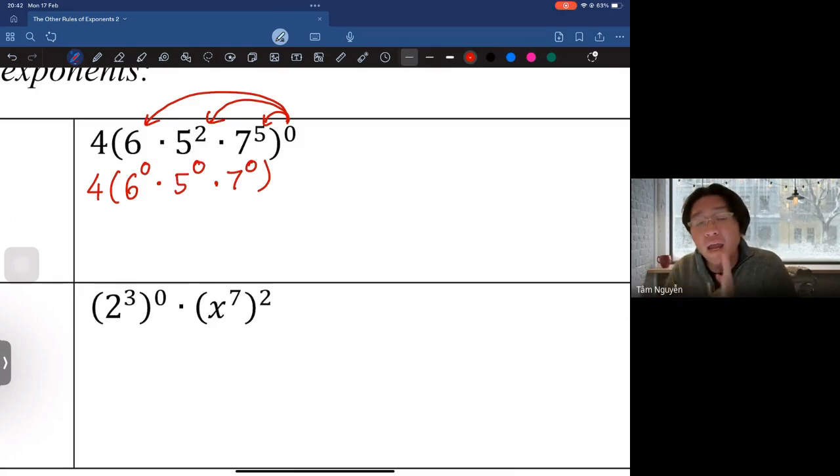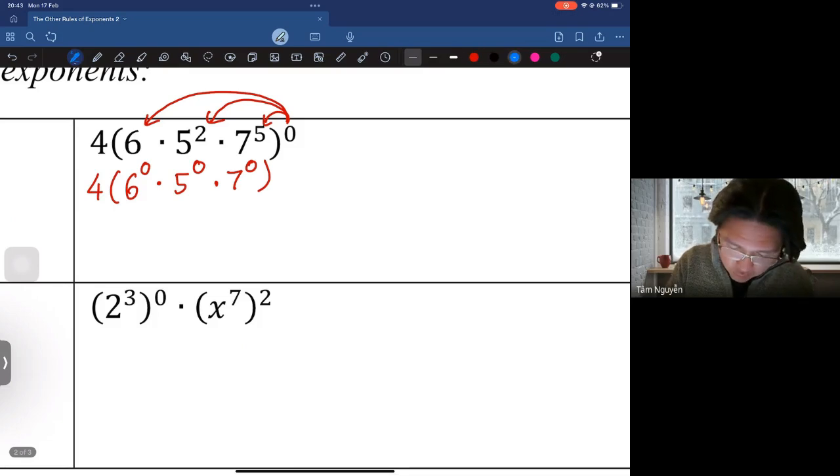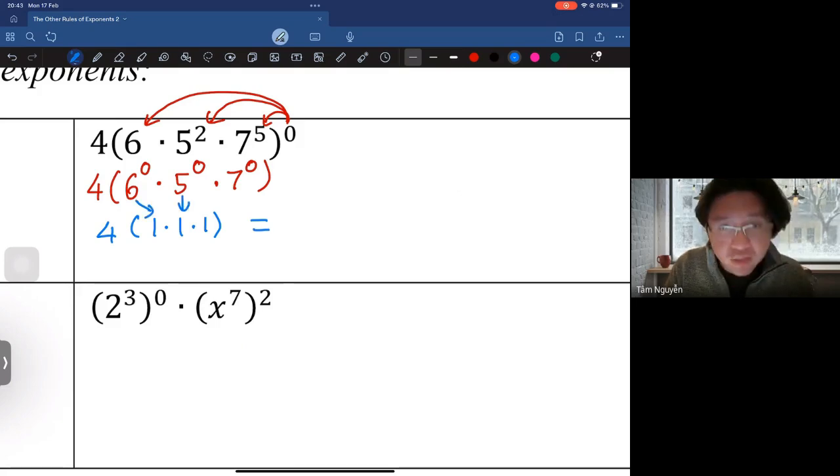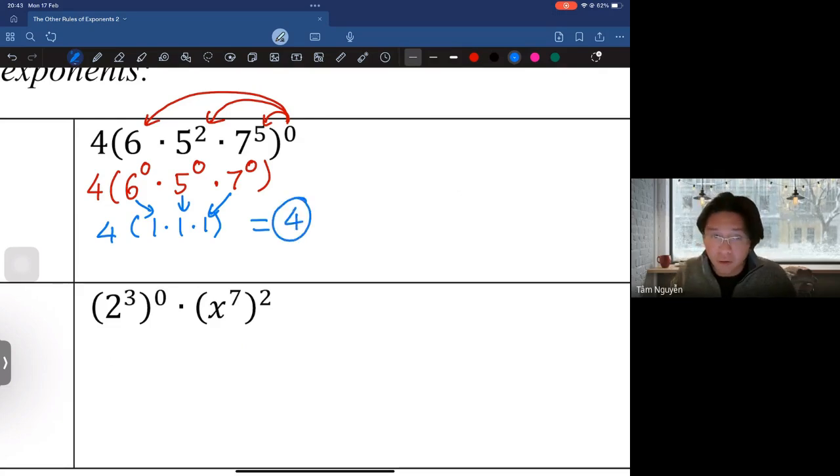Please remember, anything to the power of 0 will be 1. So this one turns to 4 times 1 times 1 times 1. 6 to the power of 0 turns to 1. 5 to the power of 0 turns to 1. And 7 to the power of 0 turns to 1. So the final answer is going to be 4.